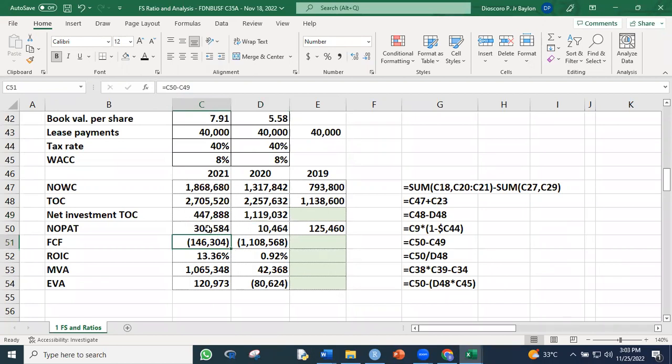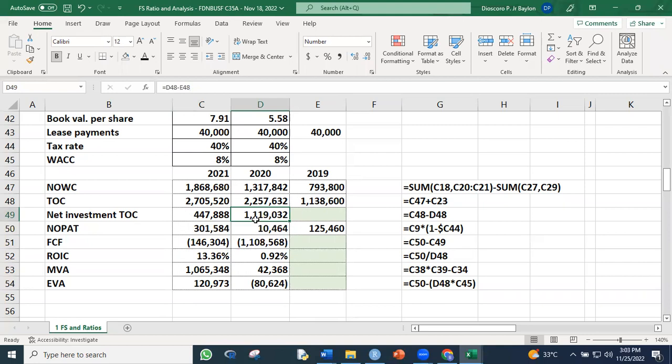Okay, if the NOPAT is okay, and the free cash flow became negative because of a high net investment in TOC, that's okay. However, if the FCF is negative due to a very low NOPAT, then that could be a bad free cash flow. But a high net investment in TOC will be good.